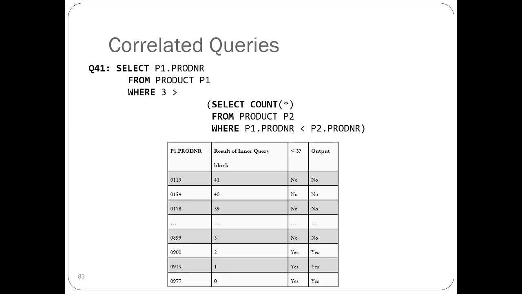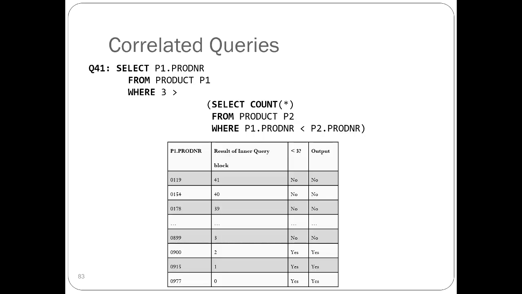So let's say that the first one that you have here has the product number 0119. Look at these numbers: 0119, 0154, 0178. These are the product numbers. And inside the where clause, we are just checking whether in the inner query where we are using P2 as the name for product, if that P2 dot product number is greater than P1 dot product number.